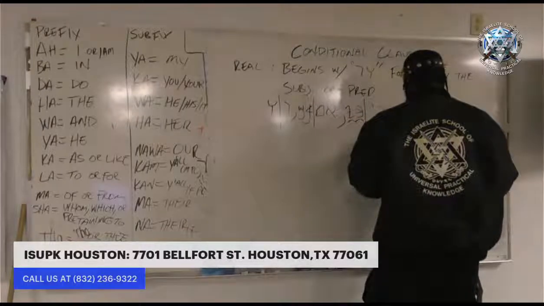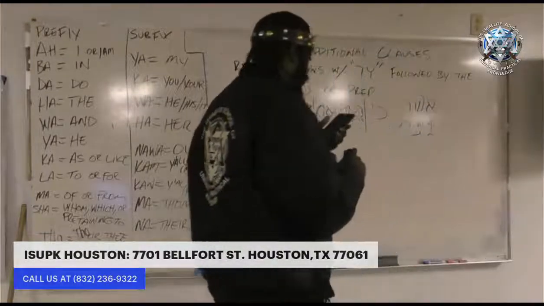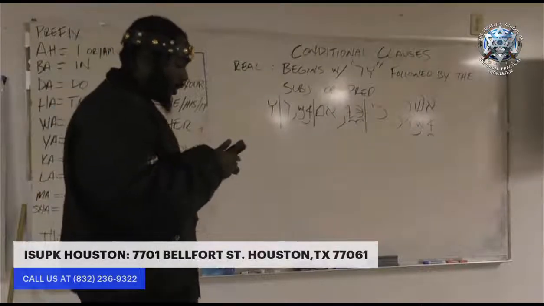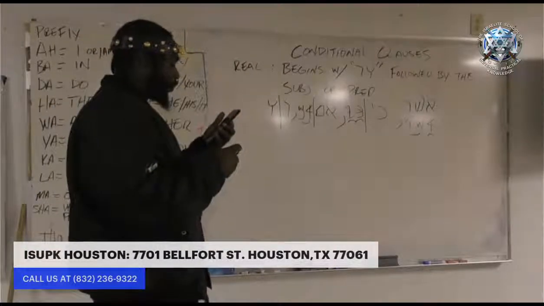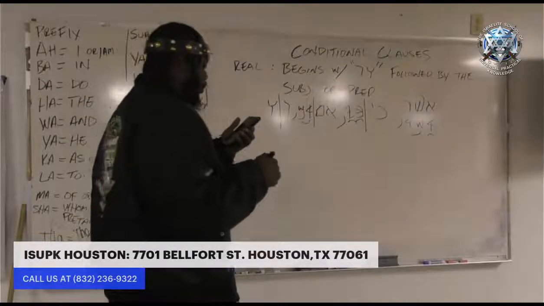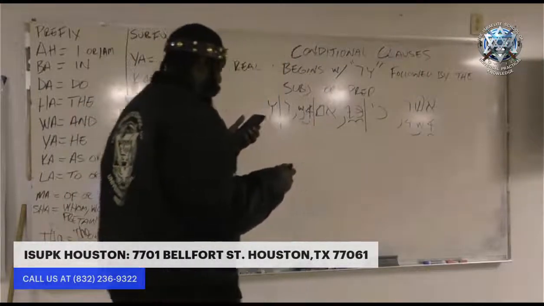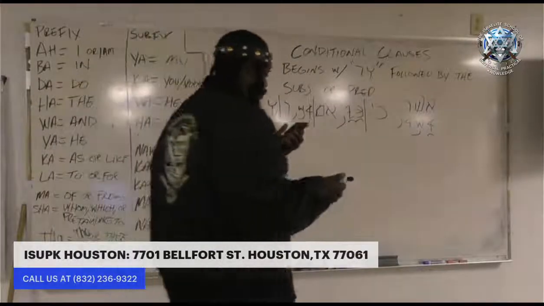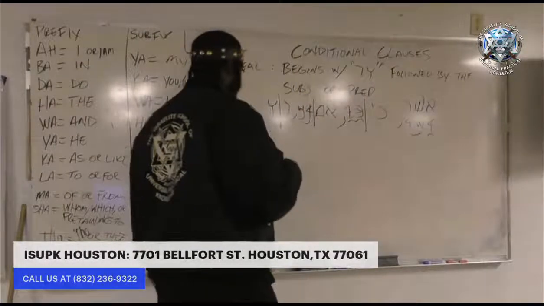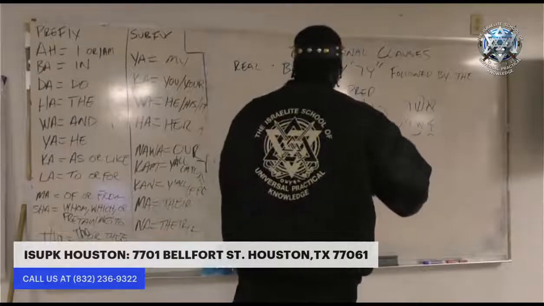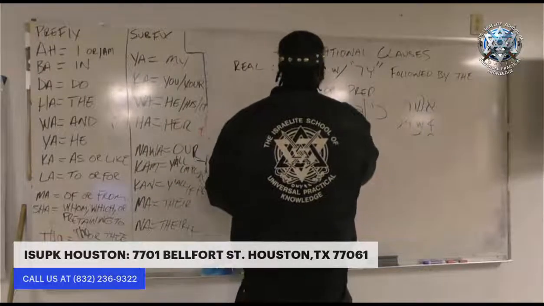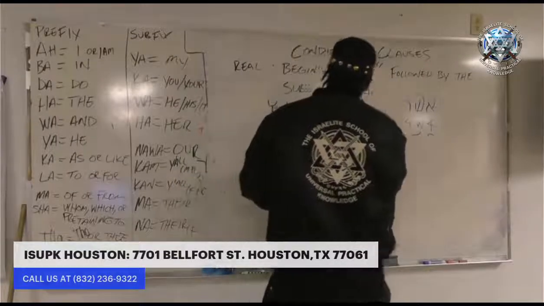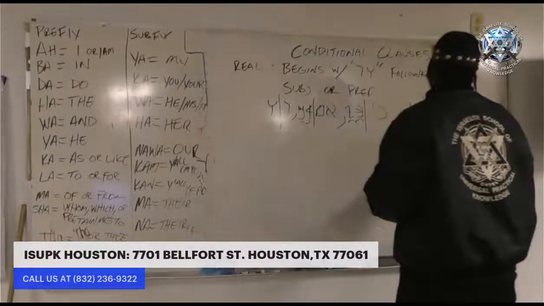So the clause will normally begin with a hawa, I'm sorry, not with a hawa, with han. So you have all of these: you have wa, you have kaya, and you have amar.